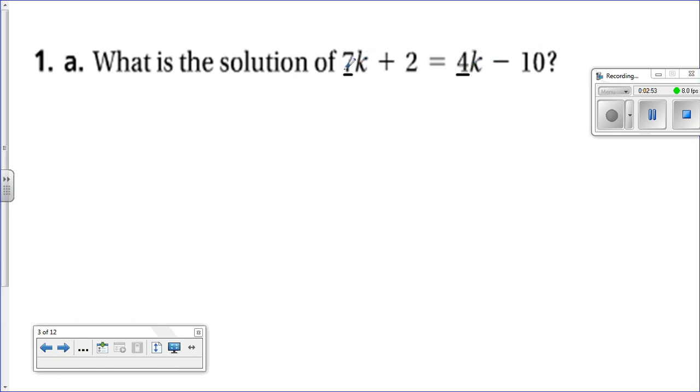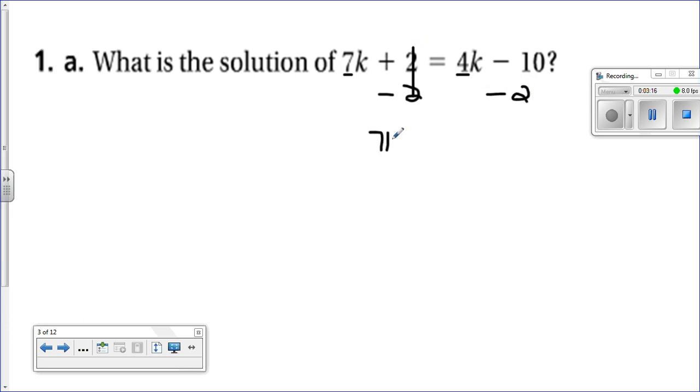Whichever one's bigger, leave that on that side, because now when you subtract 4, you'll get 3k over here. If you subtract 7 from both sides, you'll get negative 3k over here. So I would suggest moving the smaller one. Just think of it as that. It's easier to move a smaller thing. So we're going to subtract 2 from both sides.